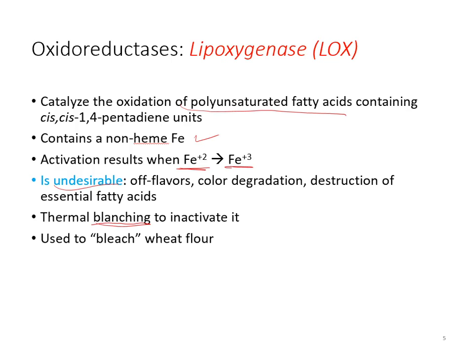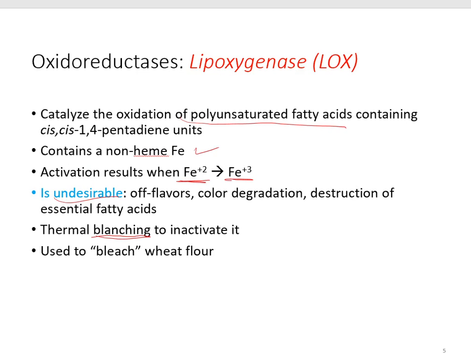So how can we use this enzyme in the food industry for a desirable result? It's widely used to bleach wheat flour. Generally, soy flour is added to bread dough to bleach the dough because soybean has lipoxygenase.